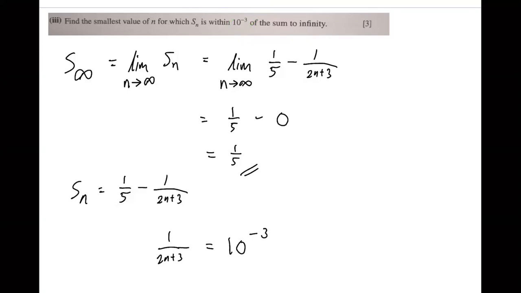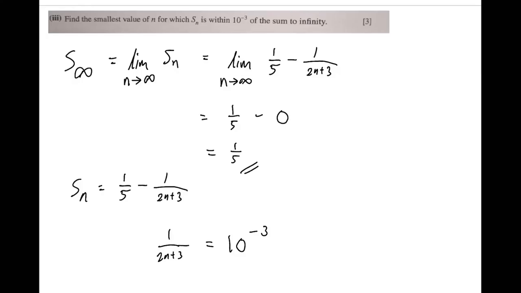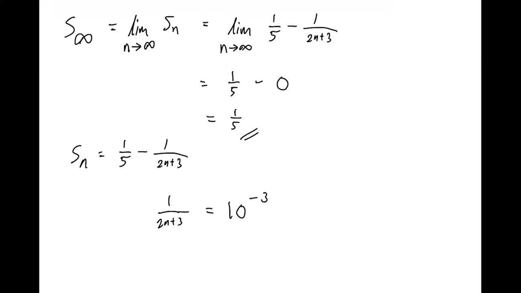So how do you do this? You can actually use a GC. Hold on, let me show you. Okay, so maybe one way to do this would be 1 over 2n plus 3. You flip it upside down first, so you're basically taking power -1 on both sides. So this becomes 10 power positive 3.